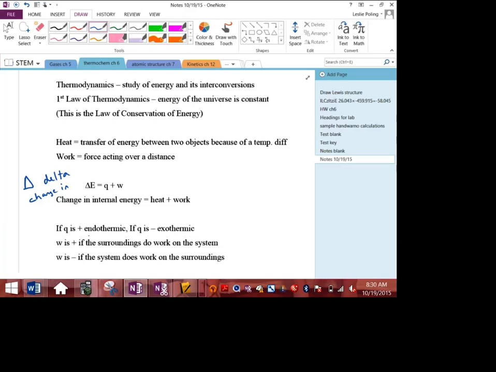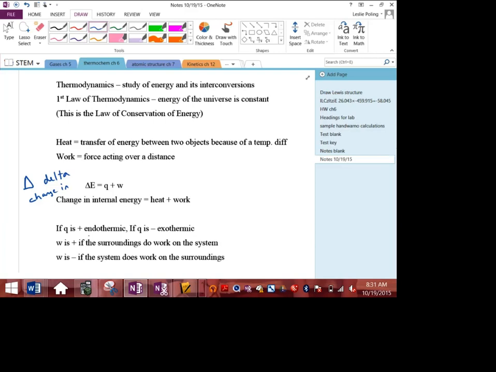Now the signs for work. W is positive when the surroundings do work on the system because work's going in. Heat goes in, Q is positive, work goes in, W is positive. And what they talk about most with this in the book is like a piston and a cylinder.